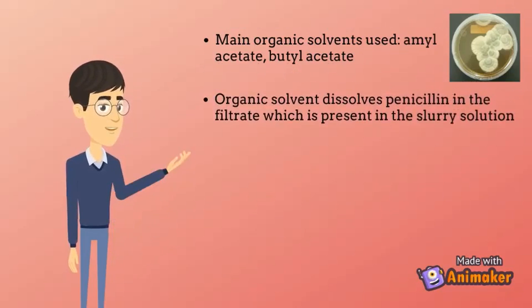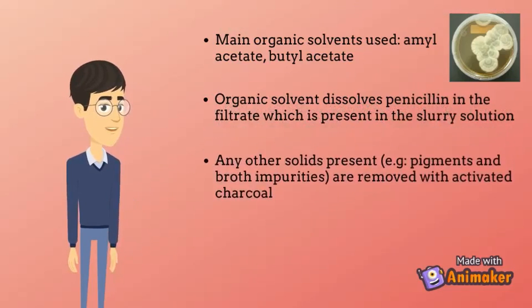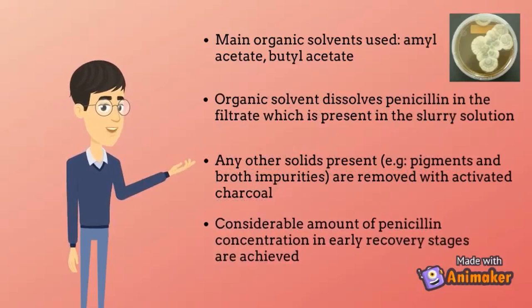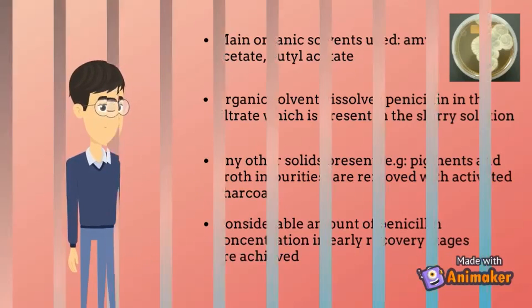By adding the organic solvents, penicillin is dissolved in the filtrate, which is present in the slurry solution. Other solids present in the solution, such as pigments and broth impurities, are removed with activated charcoal to obtain the purest form of penicillin. Through this step, the penicillin concentration reaches a considerable amount in earlier recovery stages.